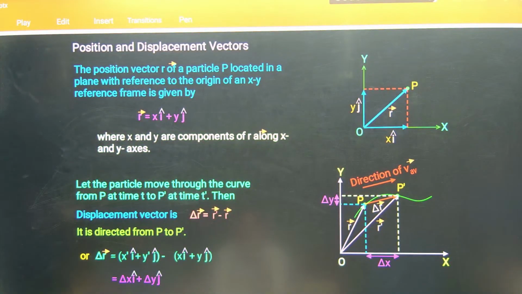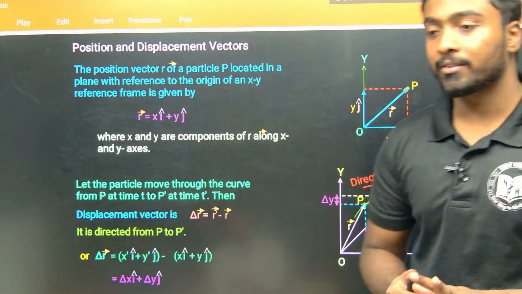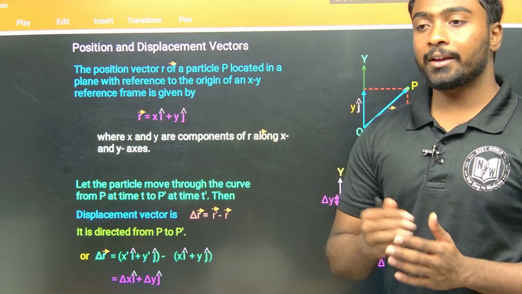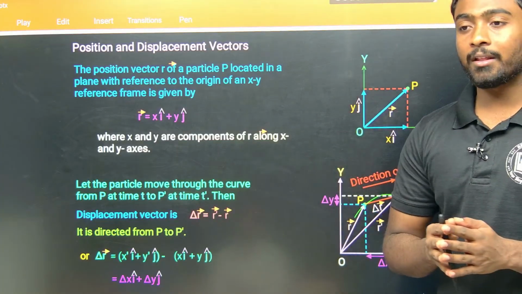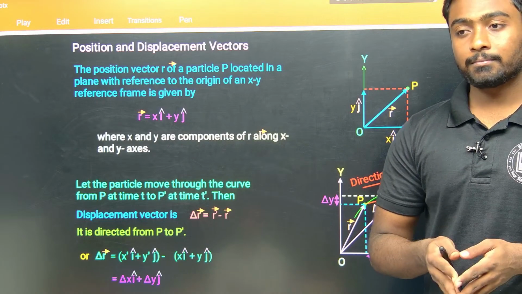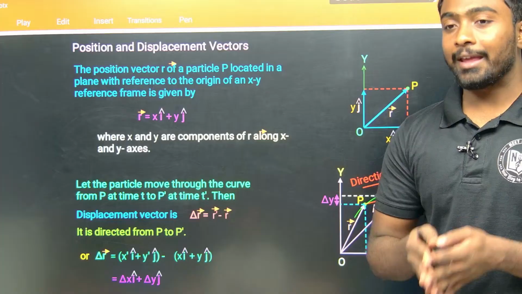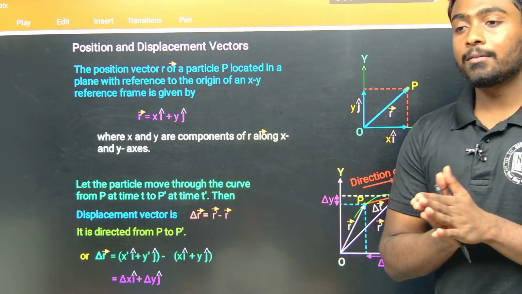Yeah, position and displacement vector. So we have seen a position or displacement vector either in one axis. So one axis in the sense either it can be x, y or z. So x is nothing but i cap, y is nothing but j cap, k is nothing but z. So i is nothing but x axis, j is nothing but y axis, k is nothing but z axis.